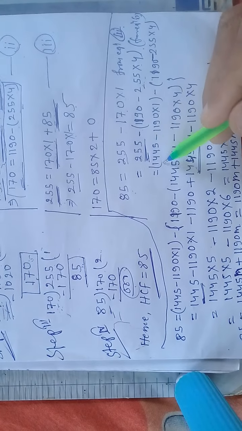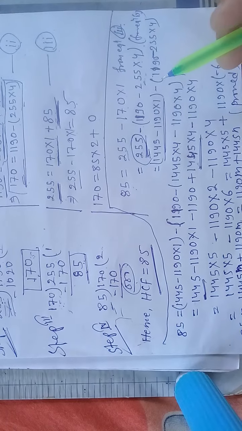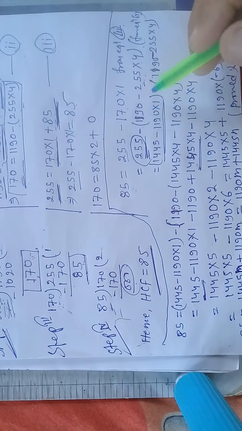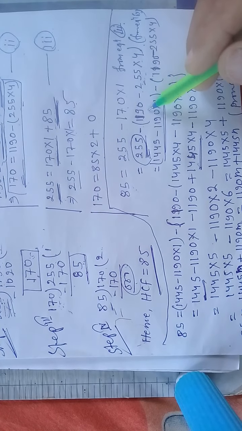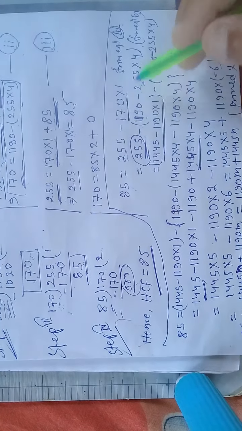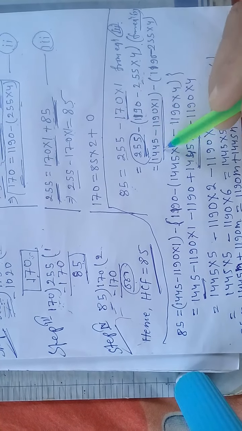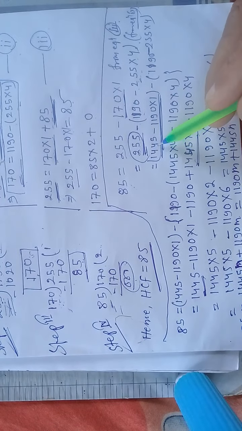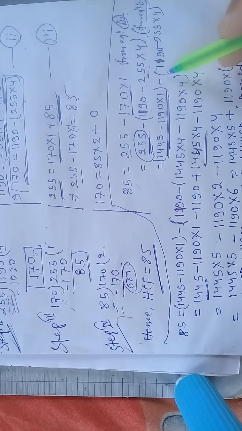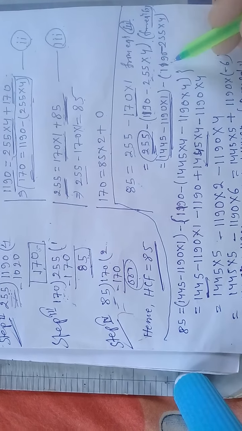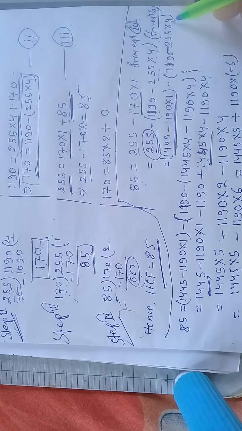Now 85 is equal to 255, which is 1445 minus 1190 into 1, minus (1190 minus 255 into 4).